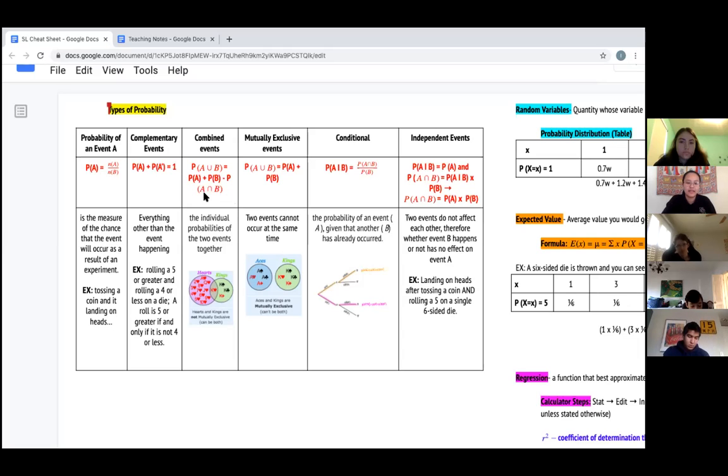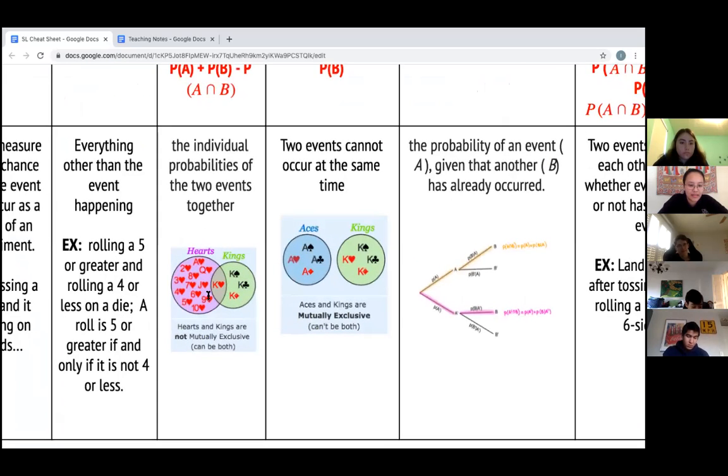Next, combined events and mutually exclusive events. These are kind of simplified, where combined events really just overlap when drawn in a Venn diagram. If you guys remember those Venn diagrams, can you zoom in? Yeah. So we have these examples here.